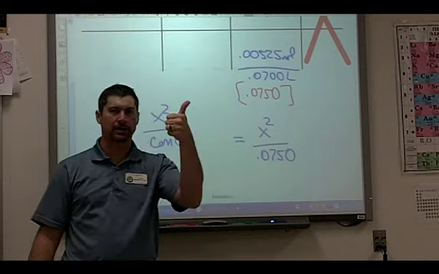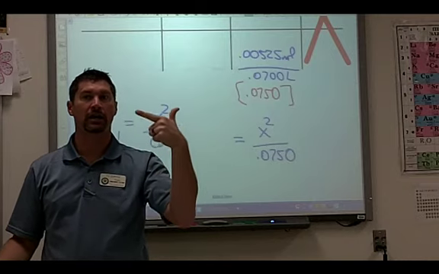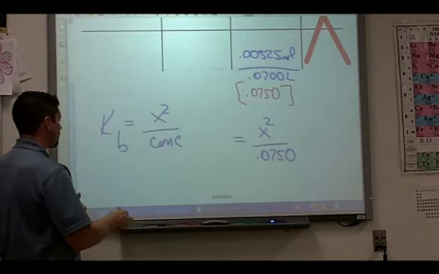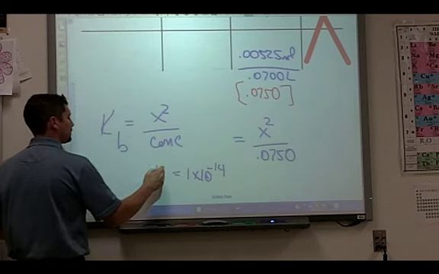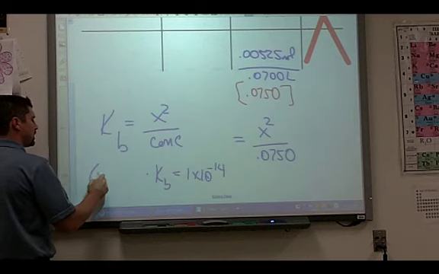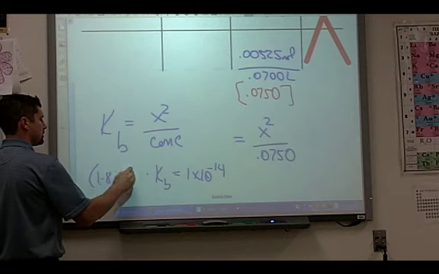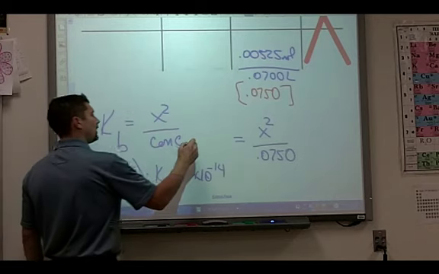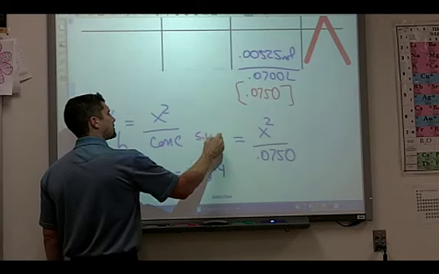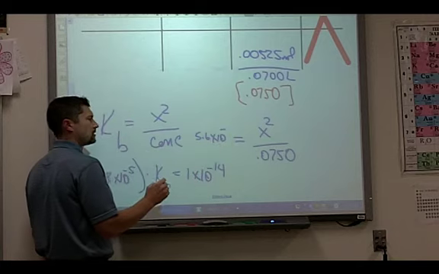Ka times Kb equals Kw. So 1 times 10 to the negative 14 over Ka should be 5.6 times 10 to the negative 10.